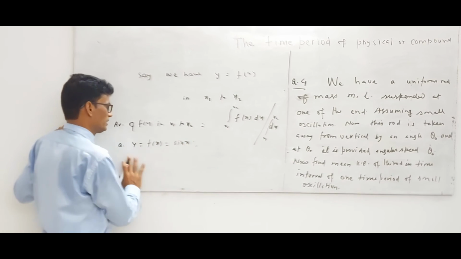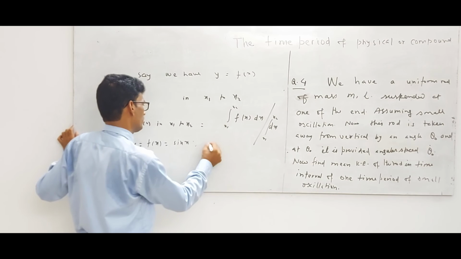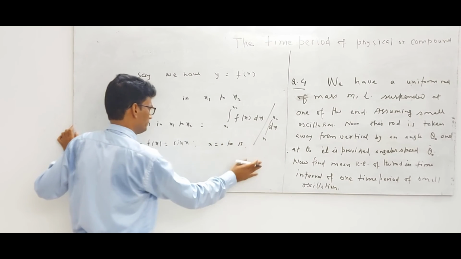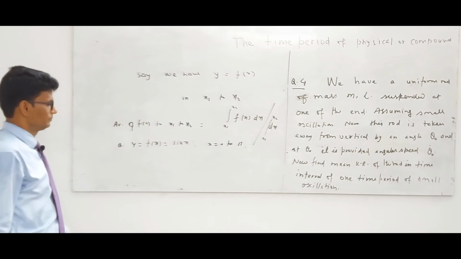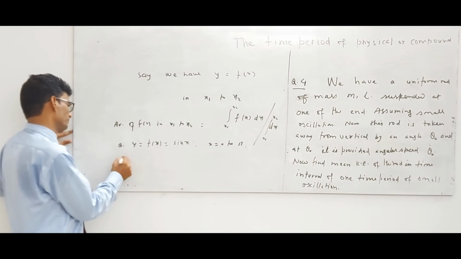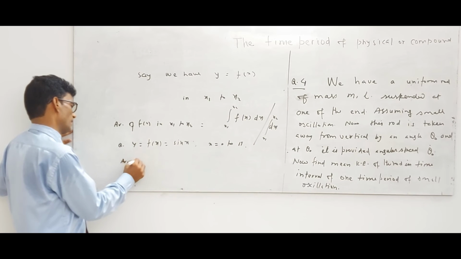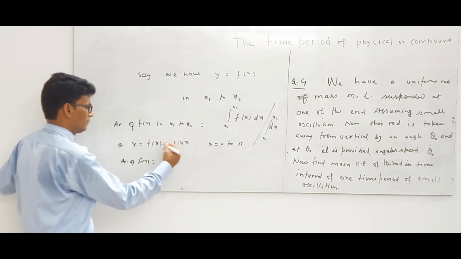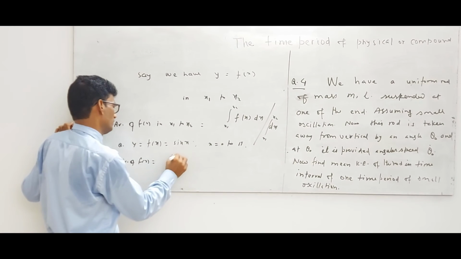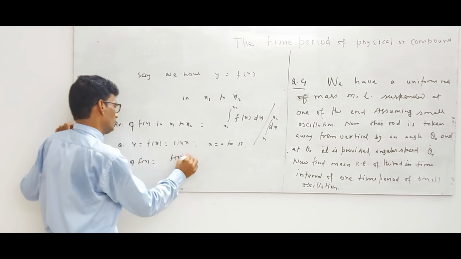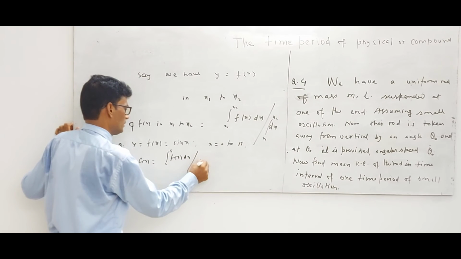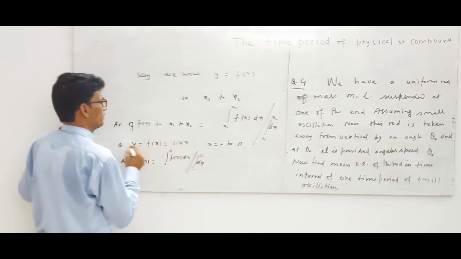We want to find the average value if x varies from 0 to say pi. So on the same line, the average of f of x is equal to the integral of f of x dx from 0 to pi over the integral of dx from 0 to pi.